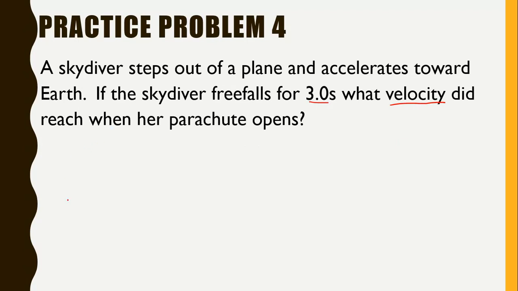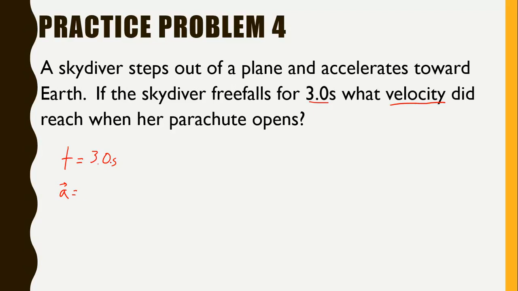Okay, so let's write down our variables. The variable for time is 3.0 seconds. That's the time that the skydiver is free falling. Now we are assuming there's no air resistance. In these questions we're assuming no air resistance. What is the acceleration that this skydiver is falling at?